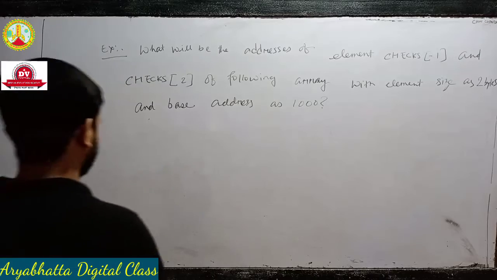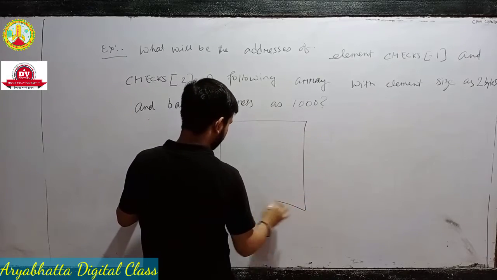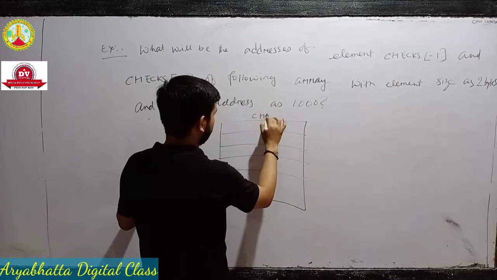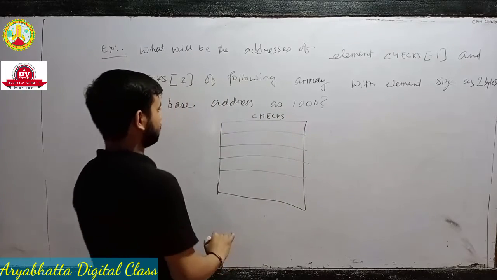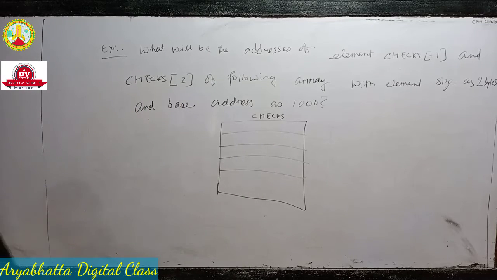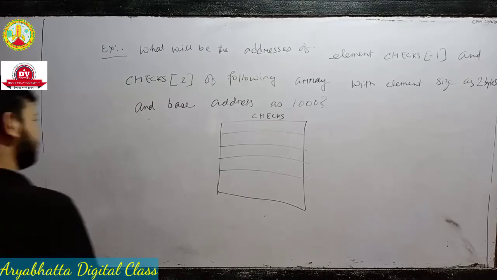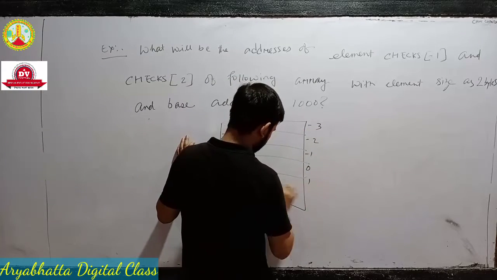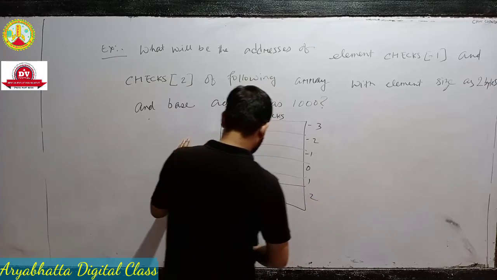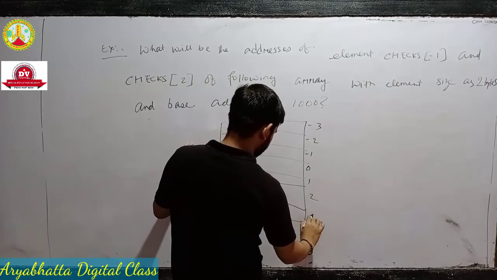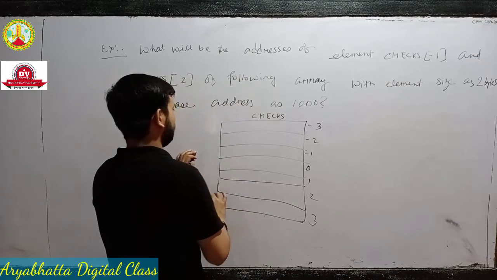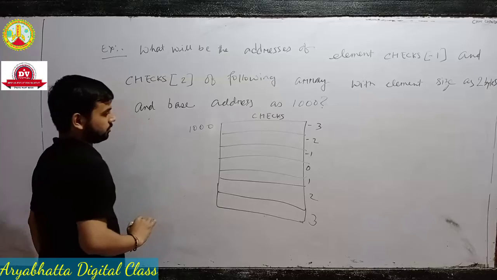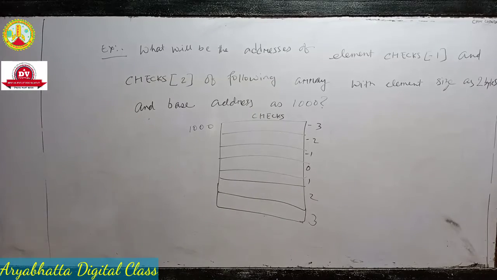Now we have to draw the array. This is column wise. Array name is check, with subscripts -3, -2, -1, 0, 1, 2 and 3. And what is the base address of the first element? This is 1000.